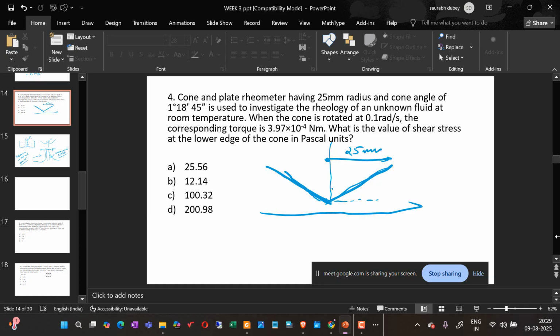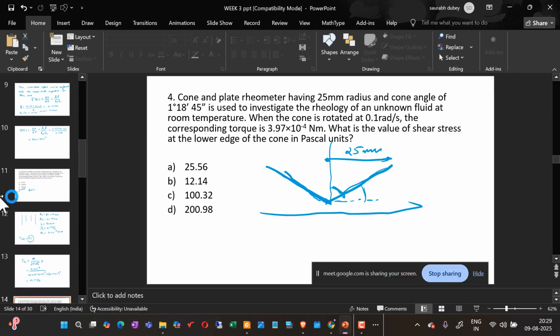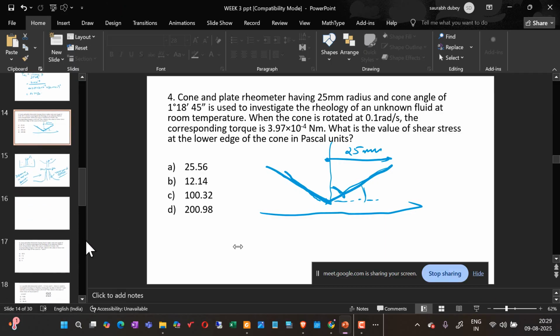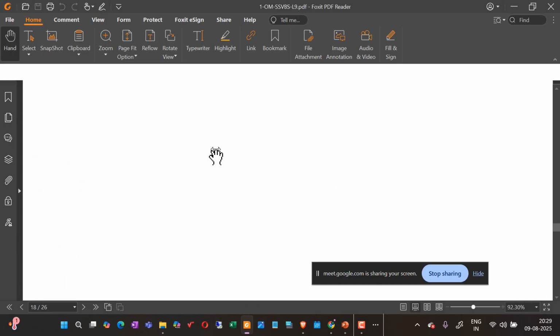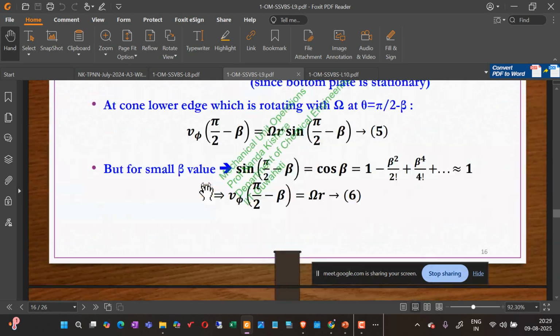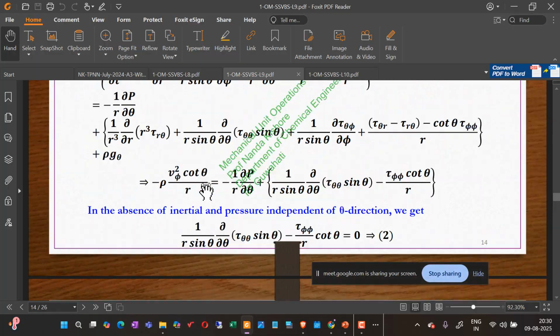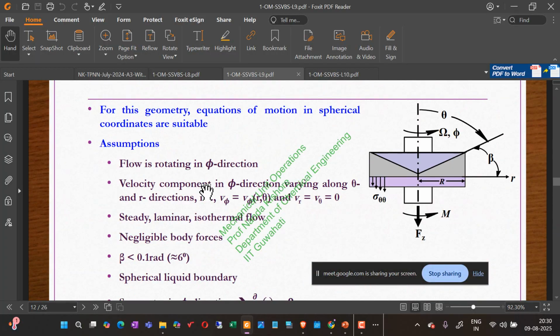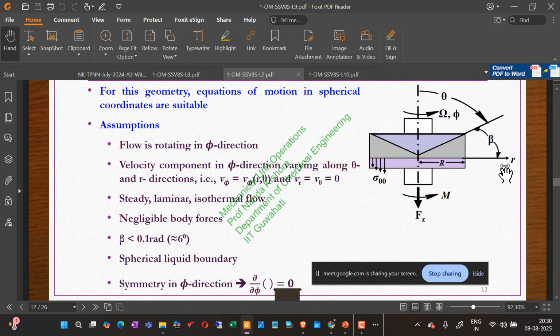So what is the cone angle? Is this the cone angle, or this is the cone angle? If you see the smaller, 1 degree means very small, so beta is your cone angle. You have to take care, because that is very important in order to start solving the question. This beta is the cone angle, right?